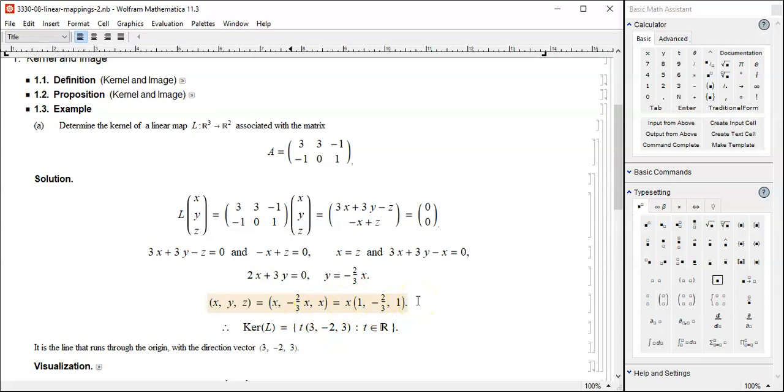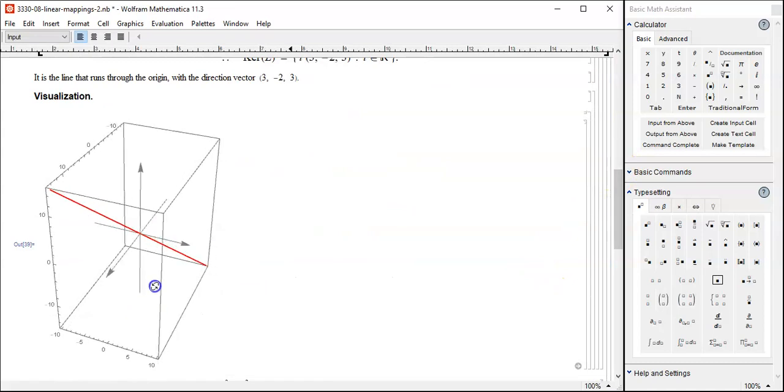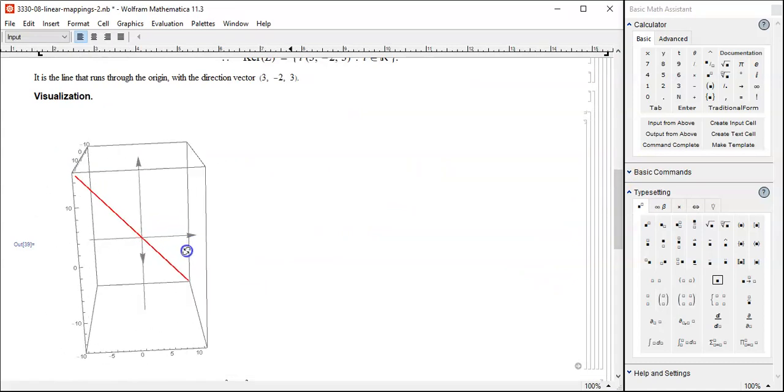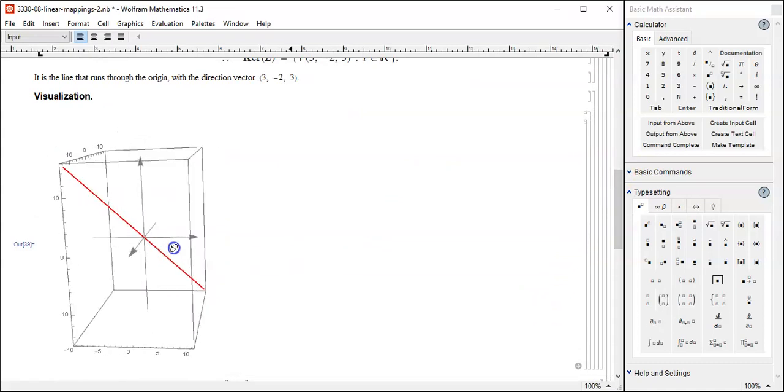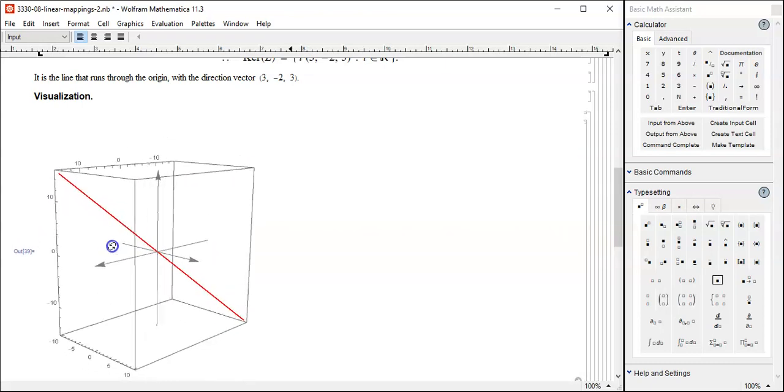Then x is an arbitrary constant, so this is a scalar times (1, negative 2/3, 1). So this is a direction vector, and x is arbitrary, so we have a line going through that direction. Here's the visualization. This is the xyz coordinate system, the gray arrows, and the red line here is the kernel.